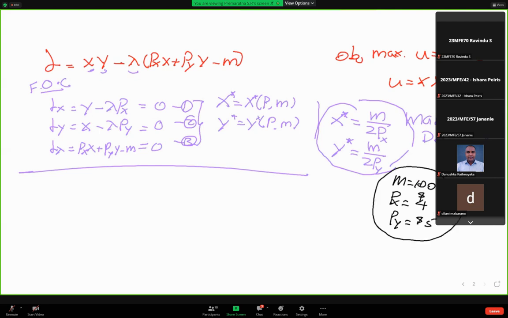With this given income, we estimate how much you buy of X and Y. You can calculate, for example, for X, 100 divided by 2 multiplied by 4, coming to 12.5.